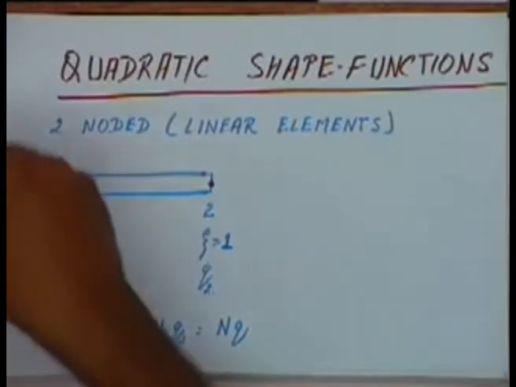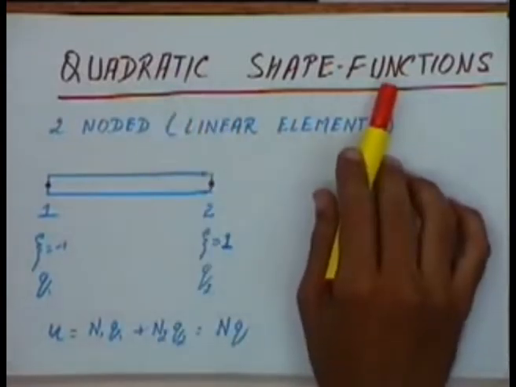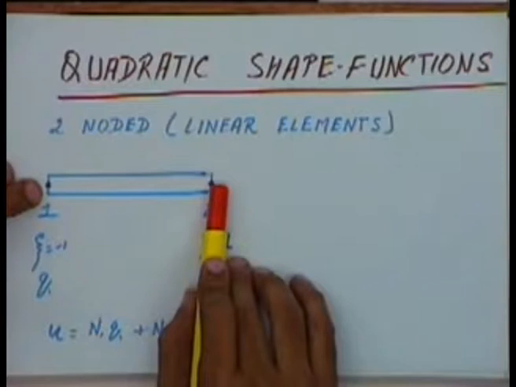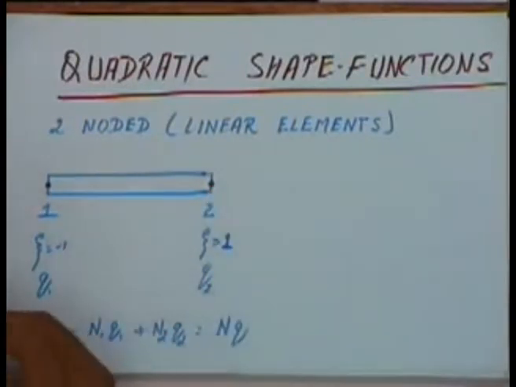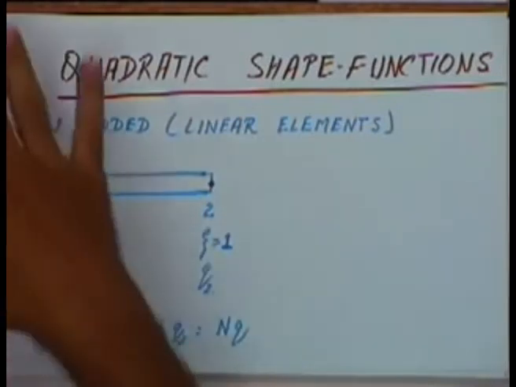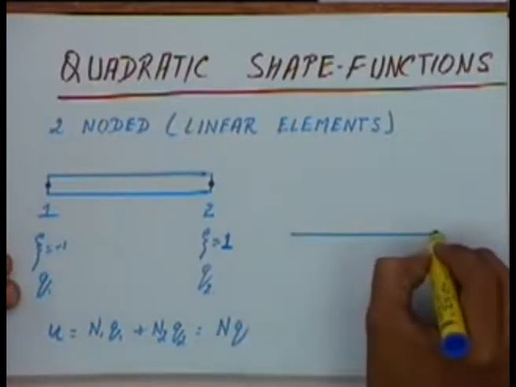When we talk of quadratic shape functions, between 2 points it is not possible to define a unique quadratic curve. So we will need a three noded element. If you remember, the shape functions in this case were linear shape functions which looked like this.